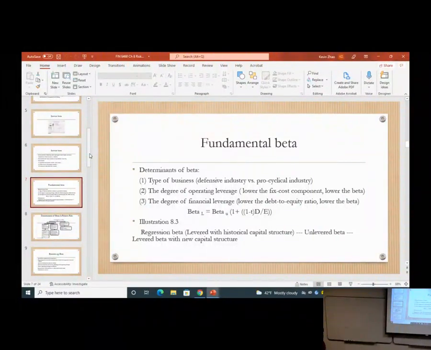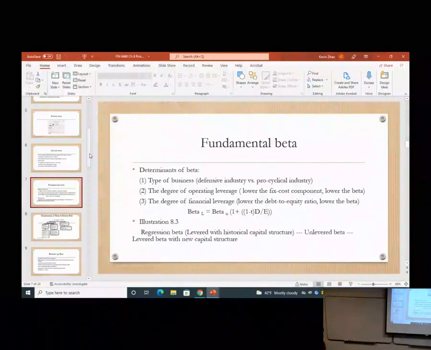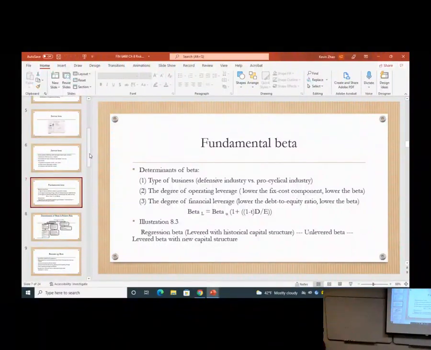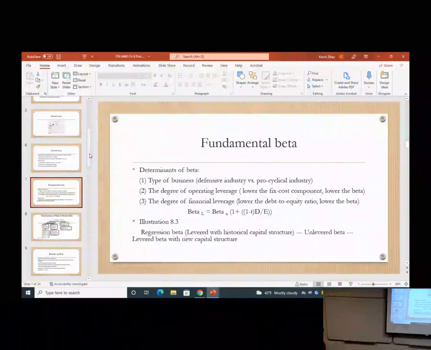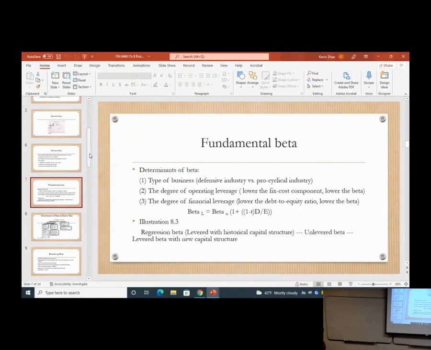In that case, you know this beta is going to be low in the future because the operating leverage will be changed. So this is the advantage of using fundamental beta. Fundamental beta gives you flexibility to address the real things happening in the business that affect the risk.